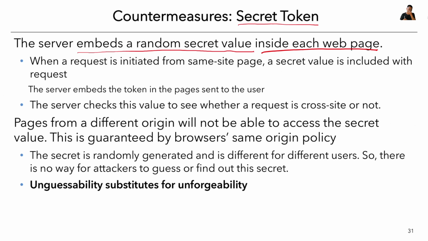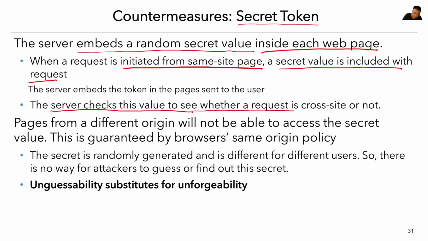The secret value is of course very hard to guess, right? So when the request is initiated from the same-site page, a secret value is included with the request. So the server can check this value to see whether a request is cross-site or not. A page from a different origin will not be able to access the secret value. This is guaranteed by the browser's same origin policy.